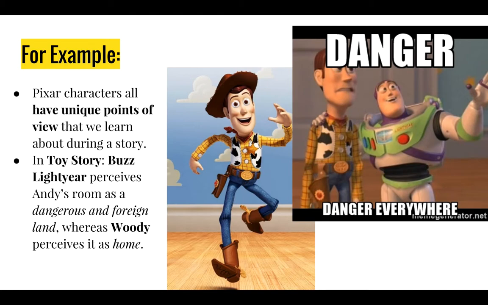He's ready to go. Whereas Woody perceives that room as home, so it's a happy place for him. So both of these characters, looking at the same exact thing, perceive things differently, or feel about them differently. That's all point of view is. You're looking at the character, how they act towards something, how they feel about something. That's going to be their point of view.